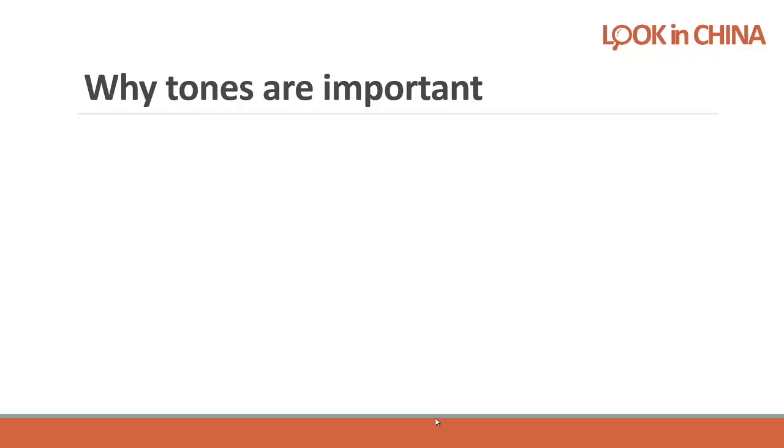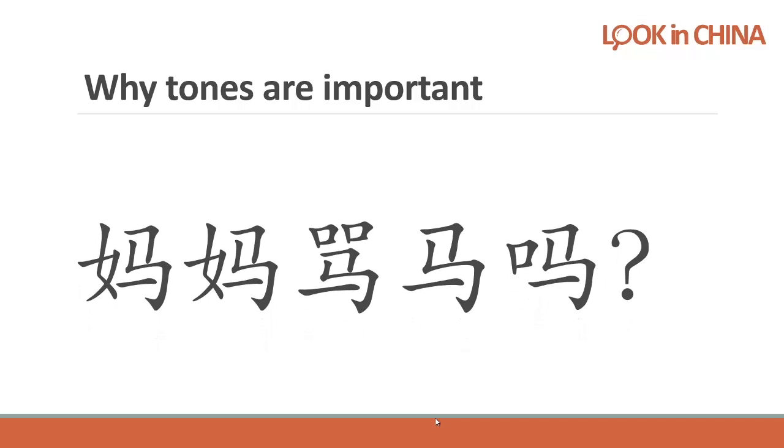Now, tones are important to master because 2 syllables with the exact same spelling but different tones can have completely different meanings. So let's look at this sentence. Mama, ma, ma, ma means, does mom yell at the horse?